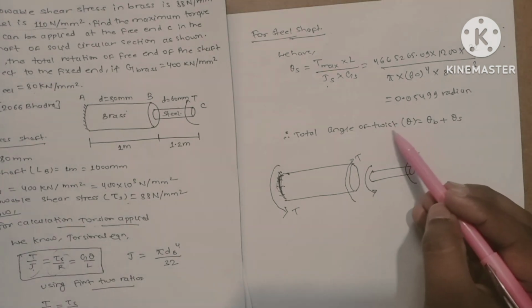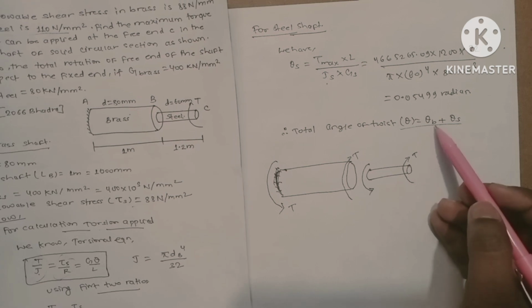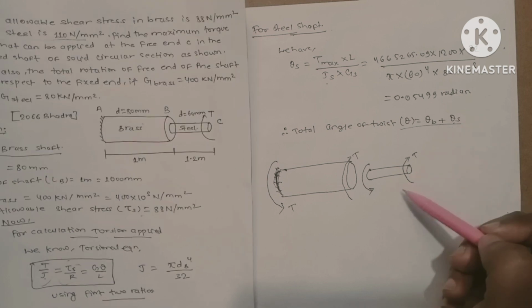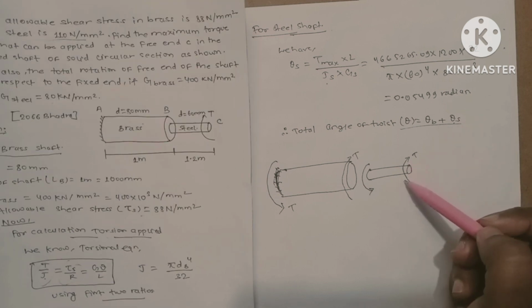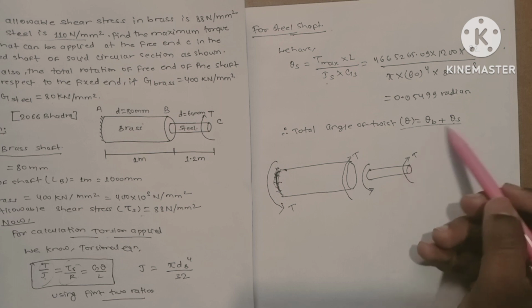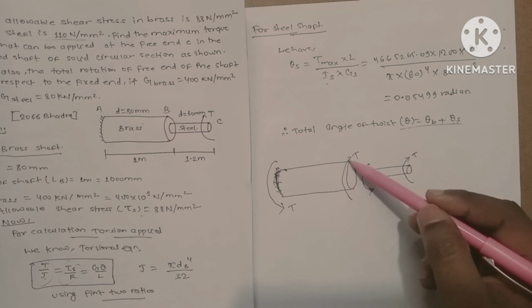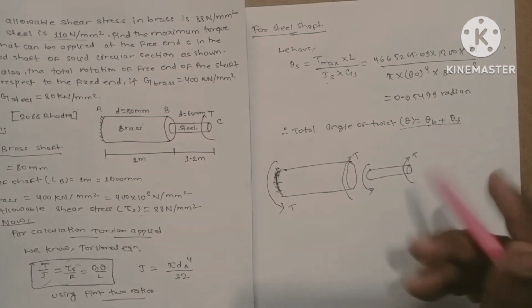So let's see in this equation, theta s becomes positive because the moment is applied in clockwise direction. Also in this brass shaft the moment is applied in clockwise direction, so both become positive.